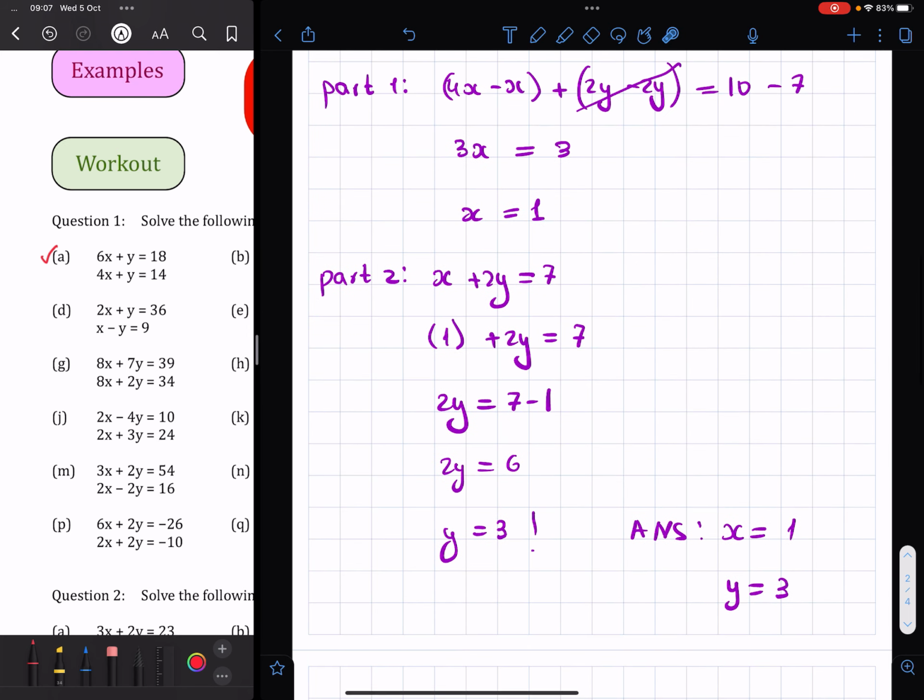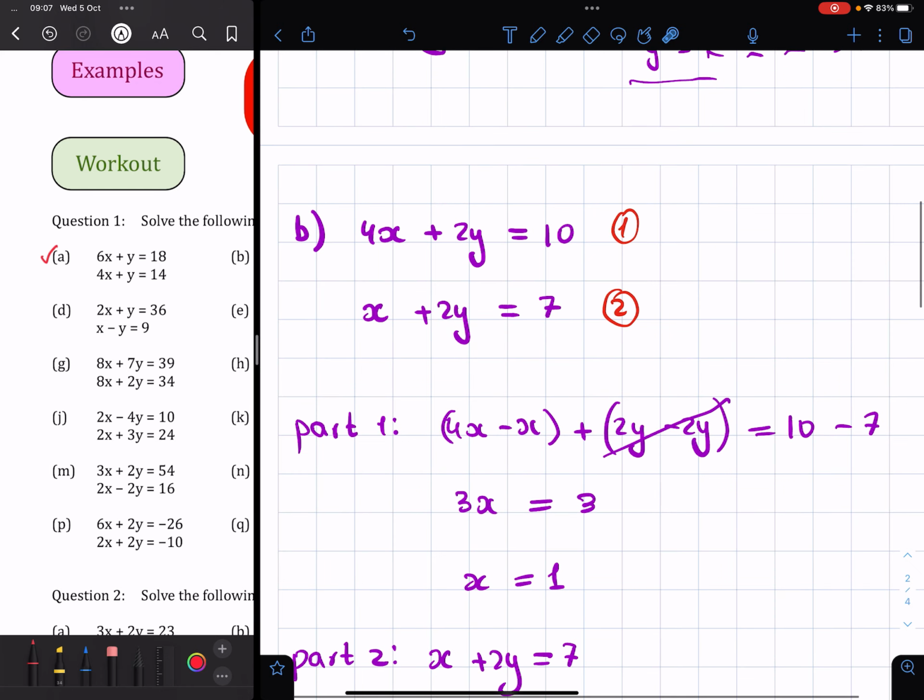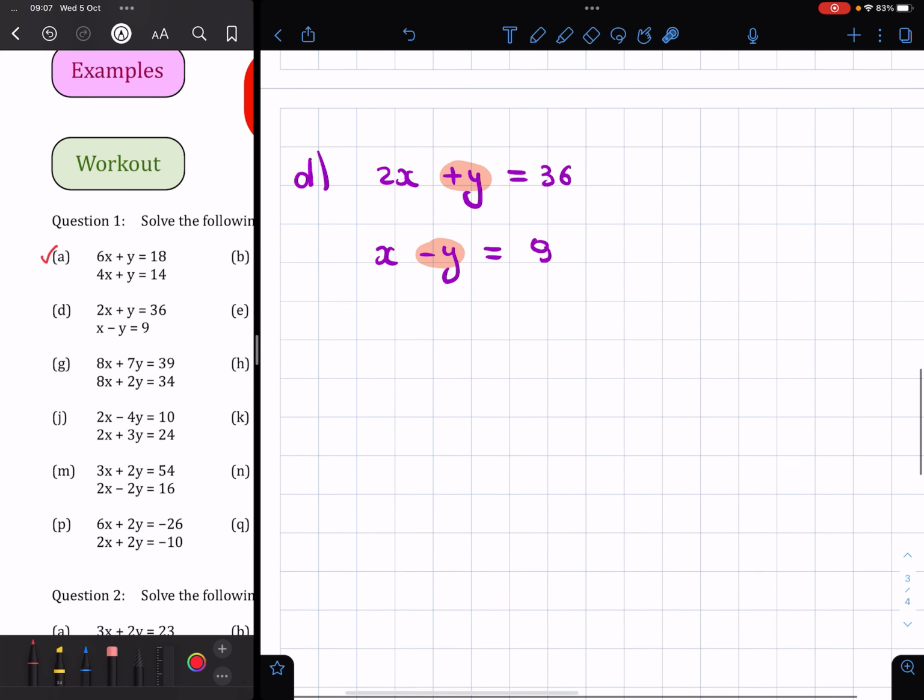We did use subtraction when they had the same sign with the same coefficient, 2y's. But here I'm going to add them because they have a different sign with the same coefficient, right?